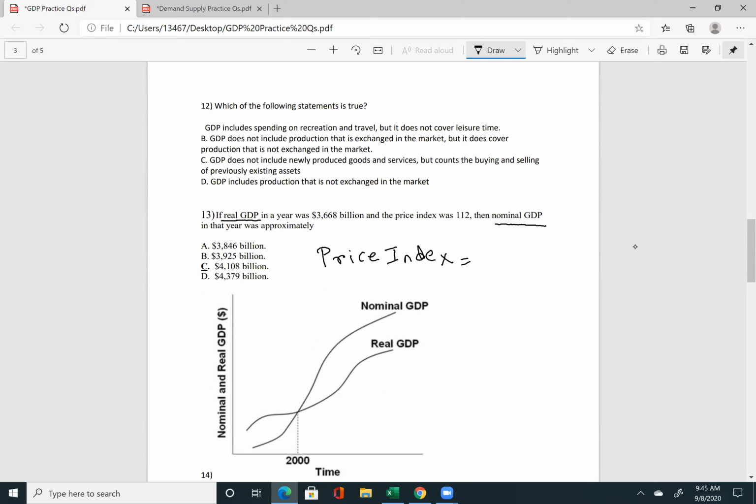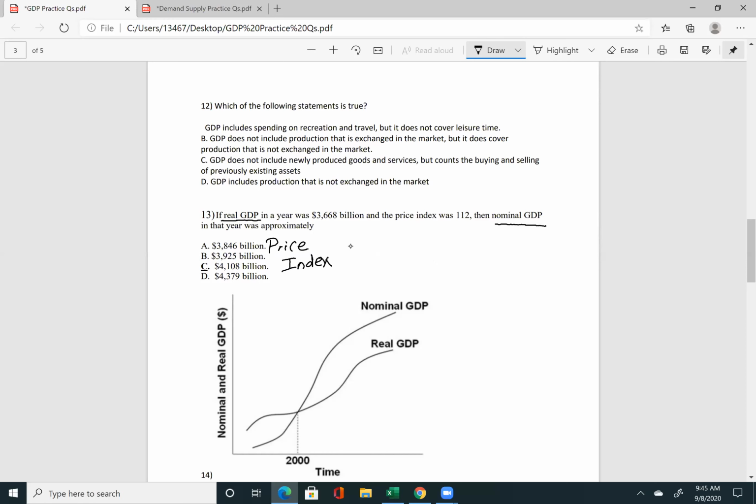Let me write it on the left so that I have enough space.